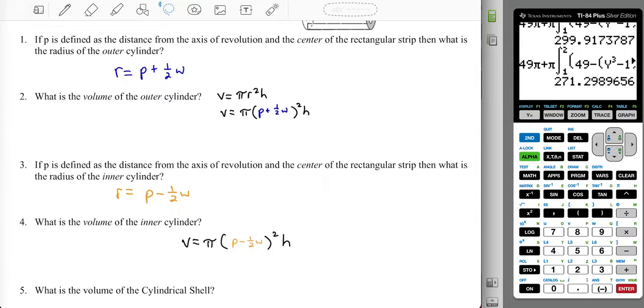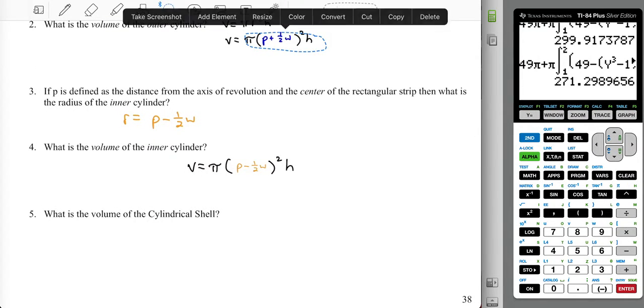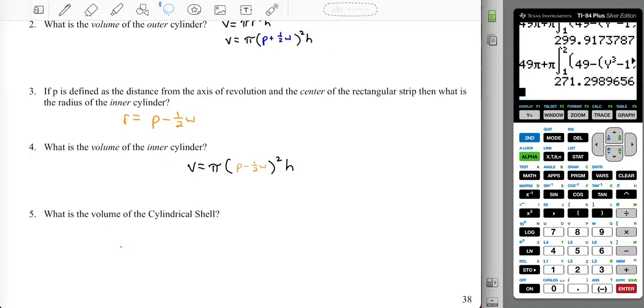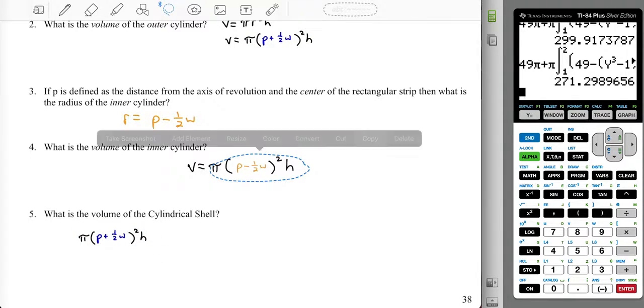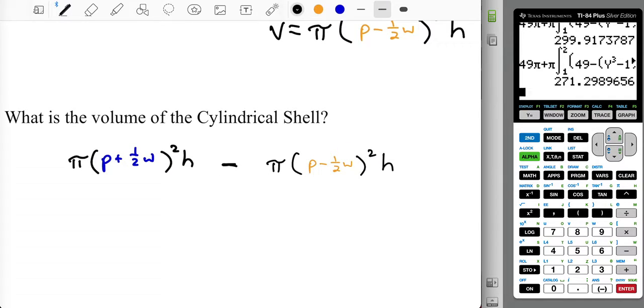What's the volume of the cylindrical shell? It would be the outer cylinder minus the inner cylinder. So it would be this minus this. Now you see that we have a common pi and a common h, so those can be factored out.